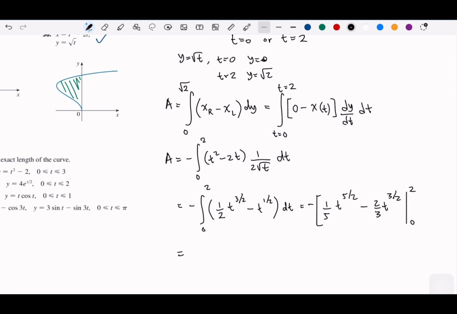2 with power of 5 is 32. Take the square root of 32, is 16 by 2, so 4 square root of 2. Let's just write 2, so minus 1 over 5, 2 to the 5 over 2, minus 2 over 3, 2 to the 3 over 2. And 0 is just 0, so this will be that.